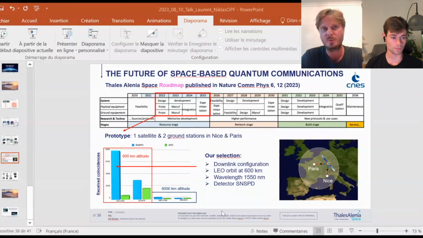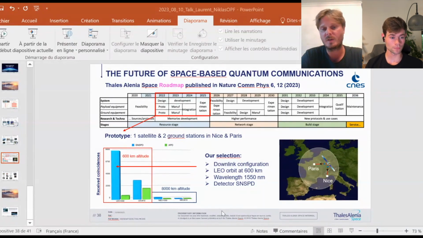The problem is that if you work in uplink, you will need an APD with good performance over time, so the avalanche photodiode should be resilient to all the space environment impairments.